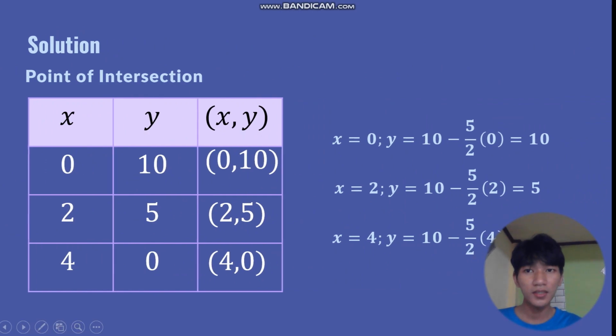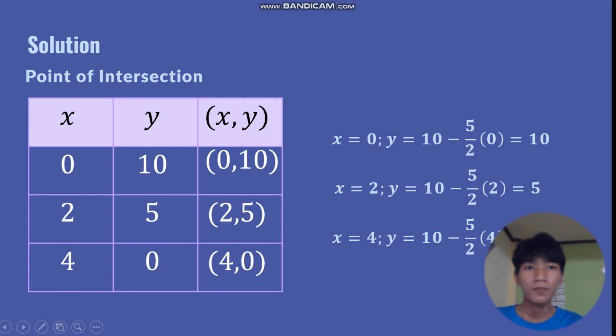Next solution is, we have the points of intersection for these equations. If x is 0, y is 10 minus 5/2 times 0, which is 10.